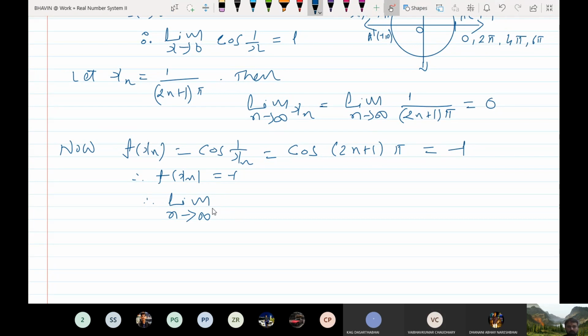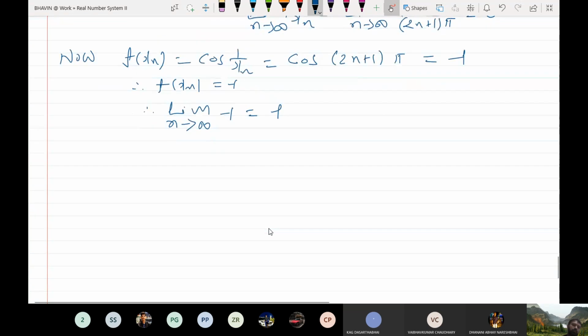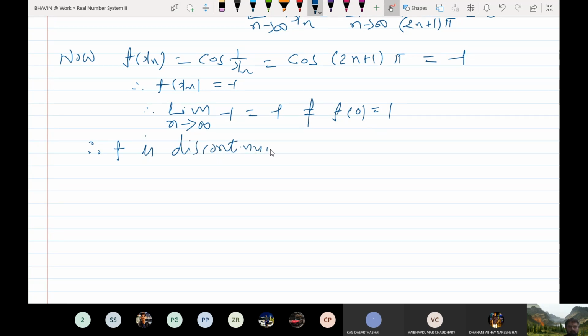So what is limit of f(xn)? f(xn) is -1 all the time, so you will get limit is -1, which is not equal to f(0), that is 1. Therefore f is discontinuous at x equal to 0. This is a contradiction.